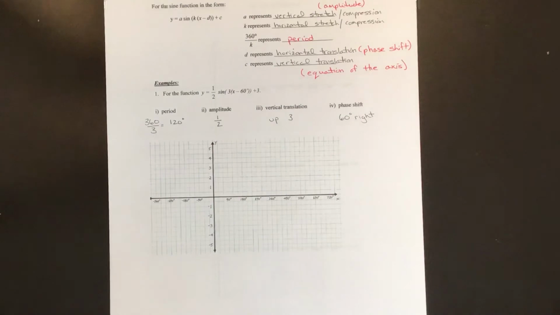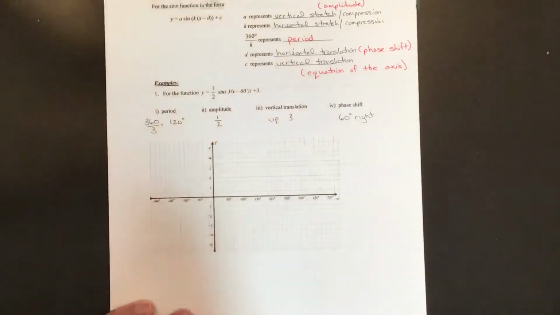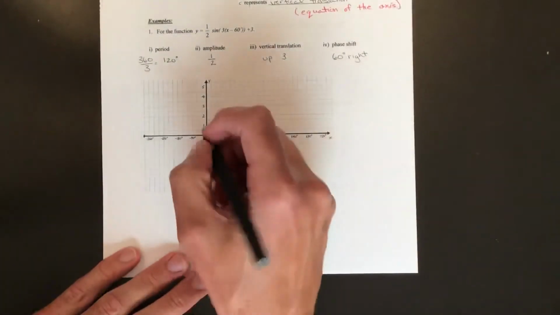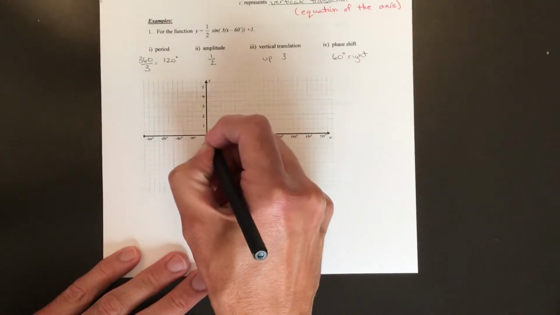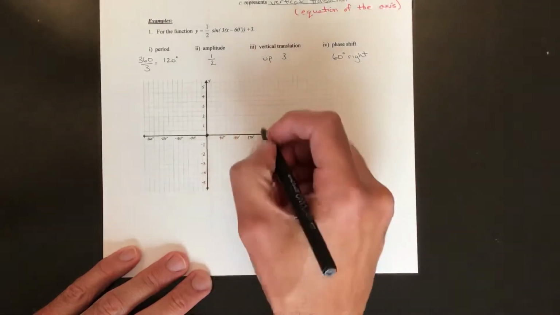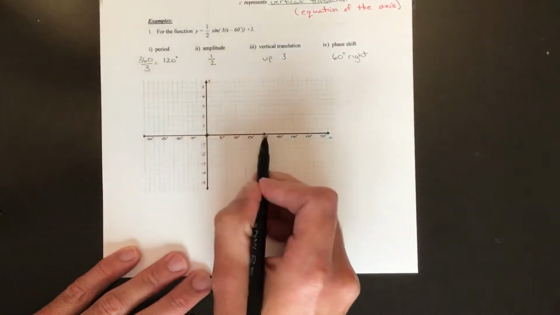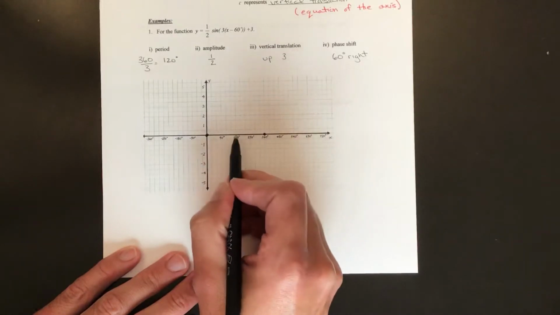Now, before we actually draw the transformed graph, I do want to go back and review how you draw the parent function of the graph. So this is a sine curve because we see sine in the equation. So if you remember for a sine curve, we start at 0. So 0, 0. My next point goes at 360. So I do first dot, last dot, and then middle.